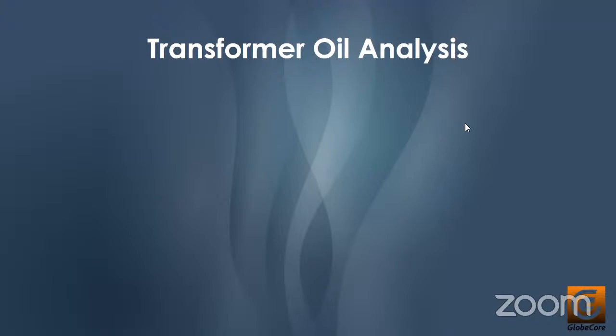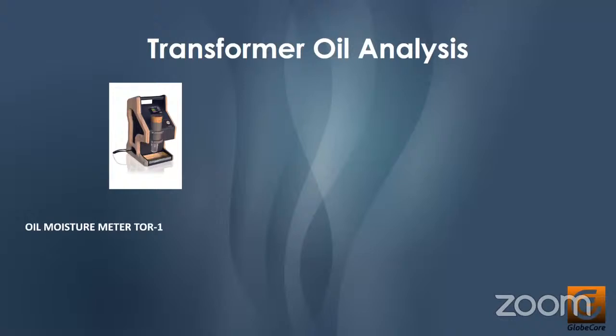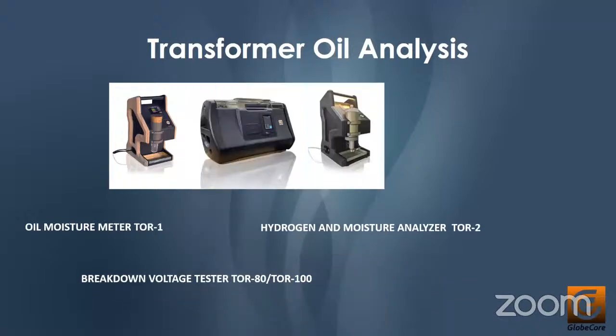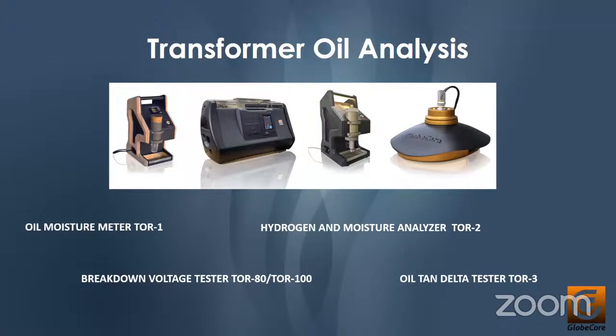For effective monitoring, we use portable instruments specially designed for express tests. They allow us to quickly measure moisture content, breakdown voltage, and tan delta directly at the regeneration site. This provides the necessary flexibility and accuracy for real-time decision-making.